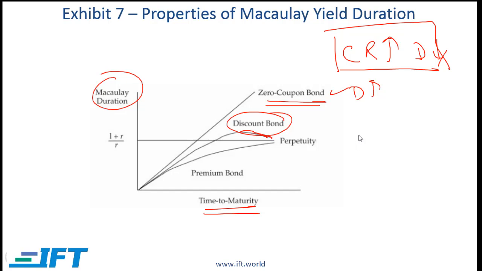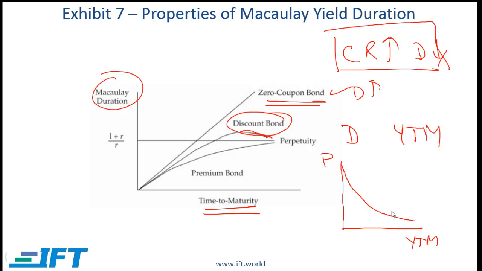And finally, let's look at the relationship between duration and yield to maturity. I think it is easier to understand this relationship if we look at the price and YTM curve. For a conventional bond, this is what the price YTM relationship looks like.